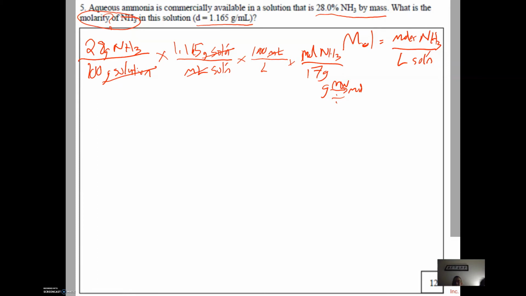You're going to get roughly 19.2 molar NH3. So that is the molarity of that solution.